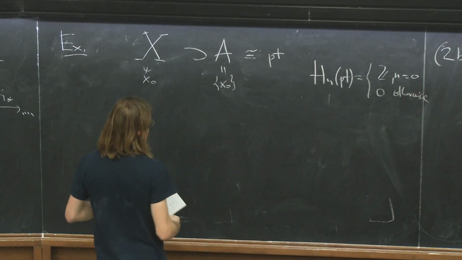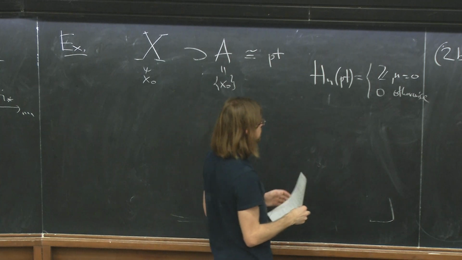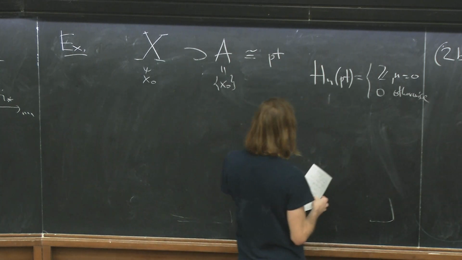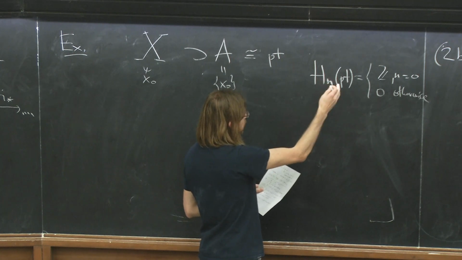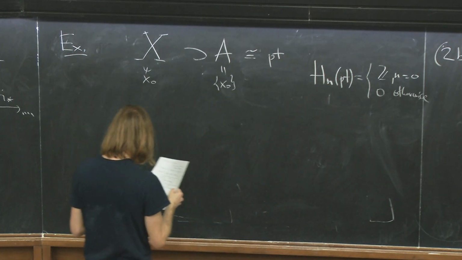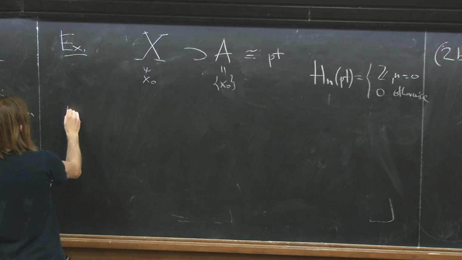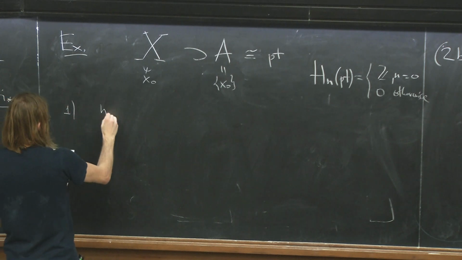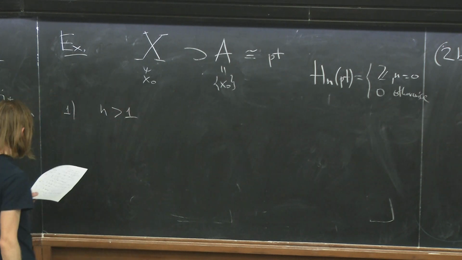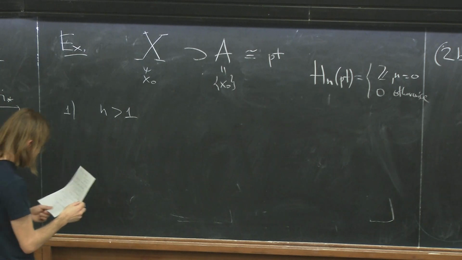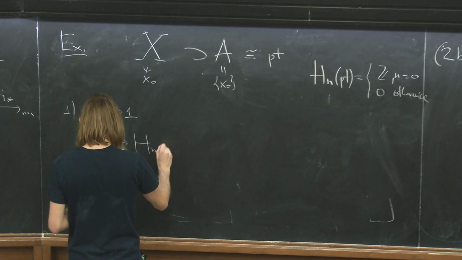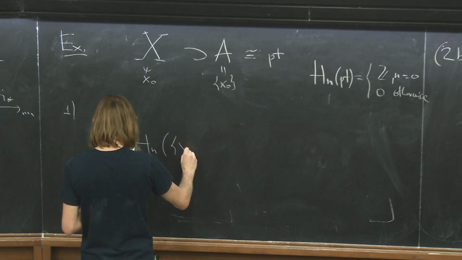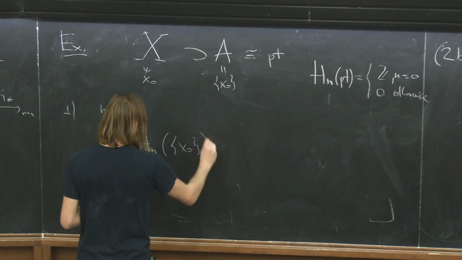This tells us that this long exact sequence will look different around n equals 0 in the beginning and for the general case. So consider first the case when n is strictly greater than 1, and we consider this part of the long exact sequence.